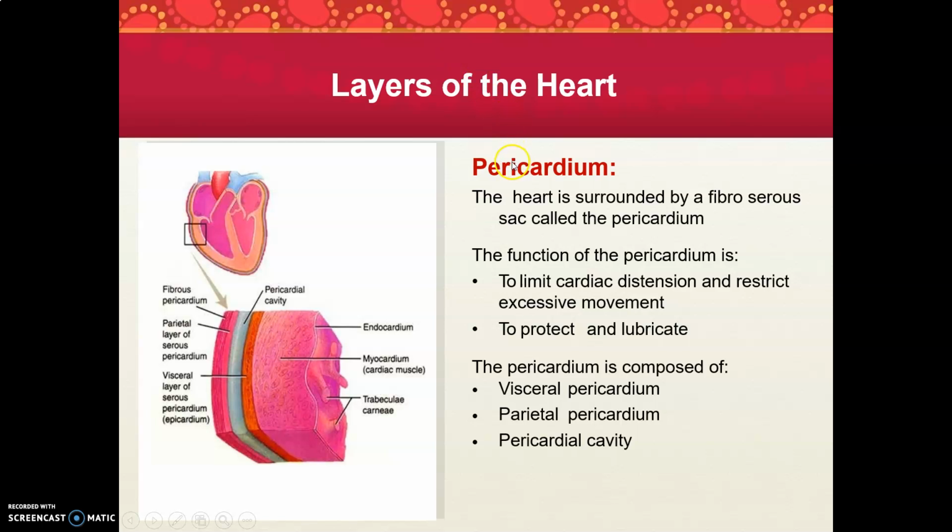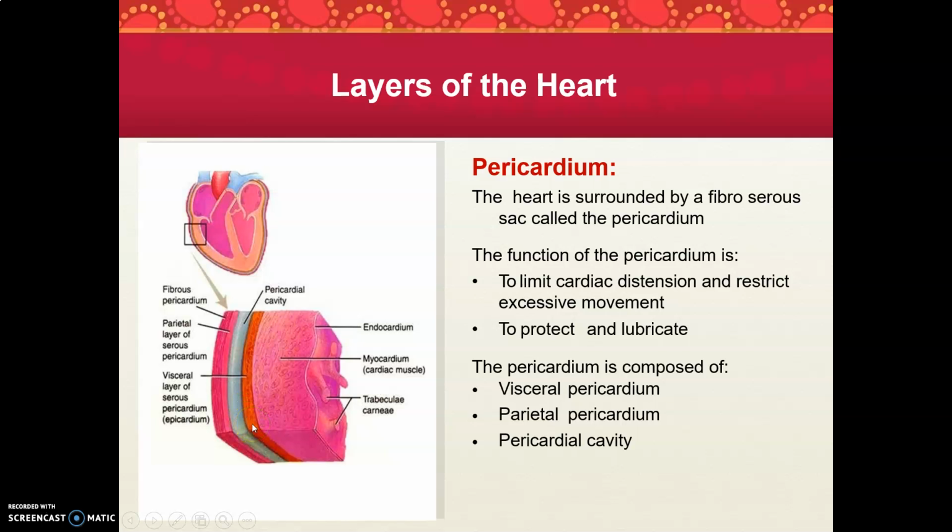Now, the pericardium. I told you the pericardium consists of two main layers, the parietal pericardium and the visceral pericardium. In between the two is the pericardial cavity, in which is present the pericardial fluid.